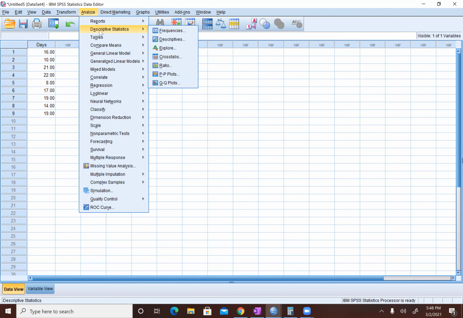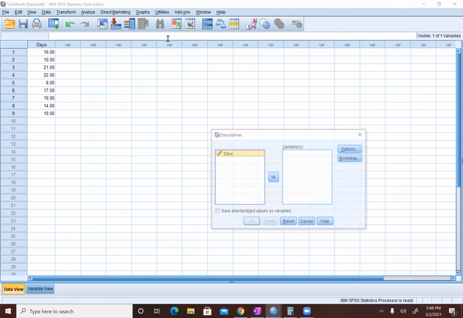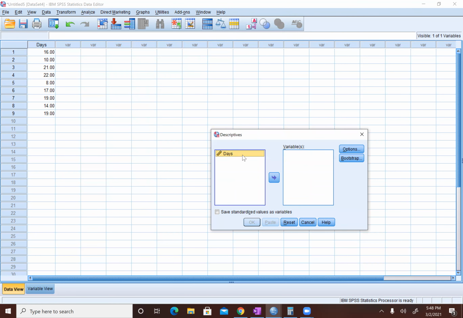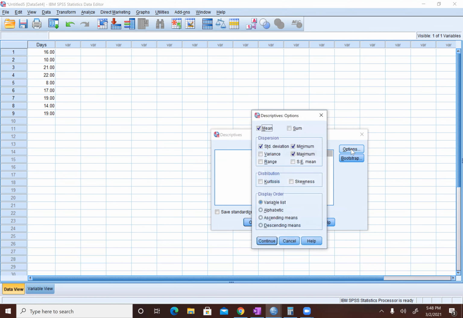You can go to descriptive statistics, and you can go to either frequencies or just descriptives. So for example, if I just go to descriptives, this is the variable which I am doing this analysis for. I put it over here and click on options, and it gives me different options for what I want to look at. I don't need all these things. All I want to compute is the mean and standard deviation.